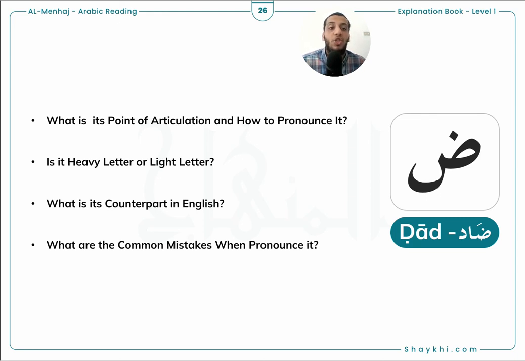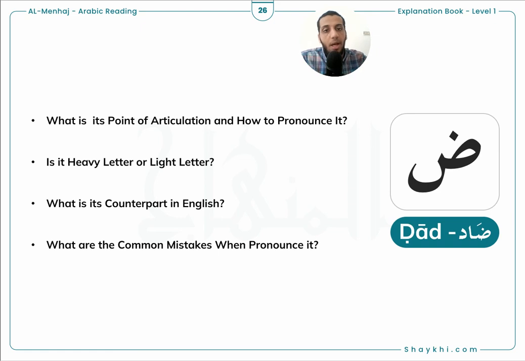Okay, so we want just to say that a common mistake when pronouncing letter dad, and this is the last point we end with, is circling the lips. We said before that there is no relationship between the heaviness and rounding or circling the lips.